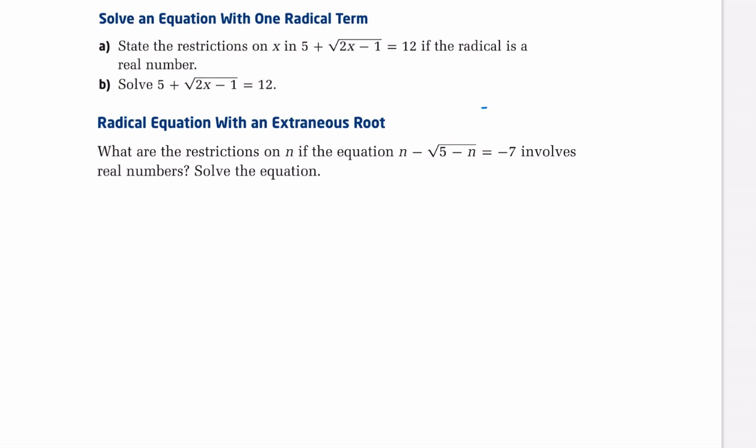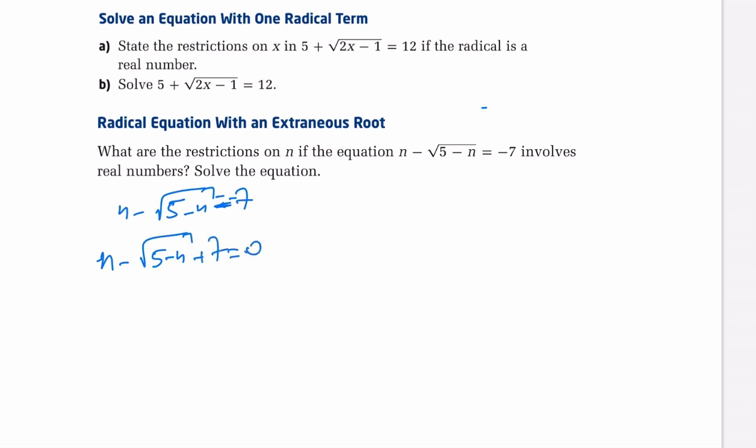So n minus square root of 5 minus n is equal to minus 7. So we will add plus 7 to both sides, which will give us n minus square root of 5 minus n plus 7 is equal to 0.